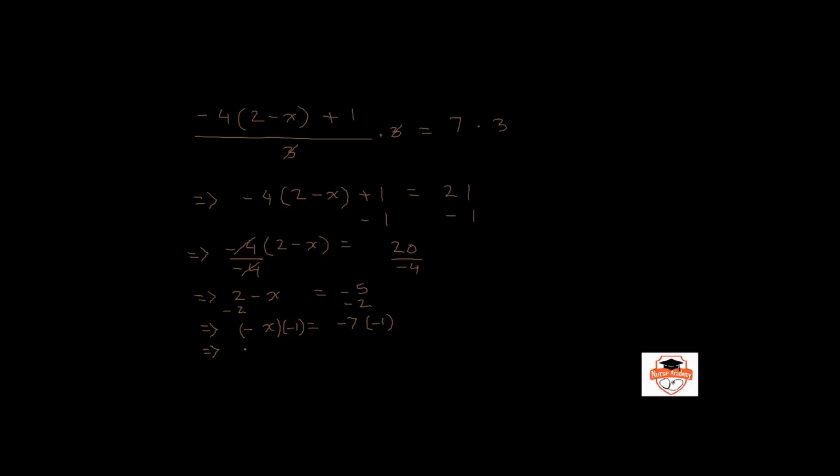So we have an x here. The negative sign from the x is gone. That's how you flip the sign of any number, by multiplying it with negative 1. Is equal to negative 7 times negative 1 is positive 7. The sign of negative 7 is also flipped. So we have x is equal to 7.